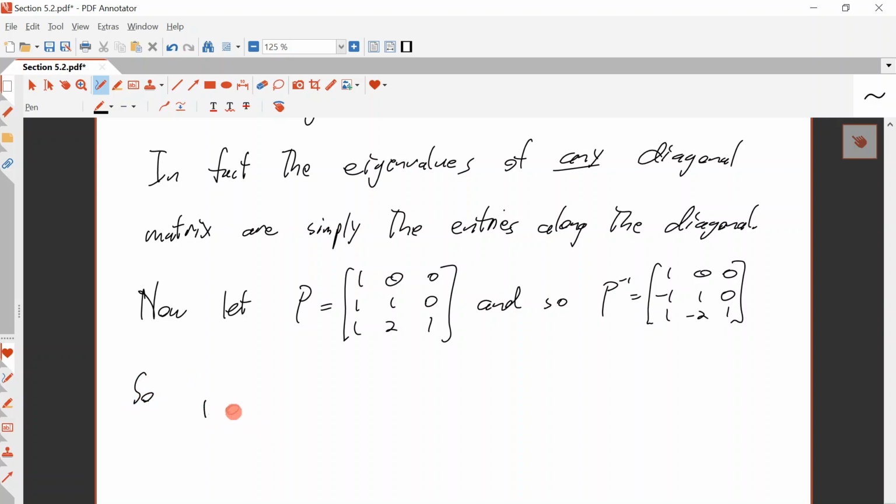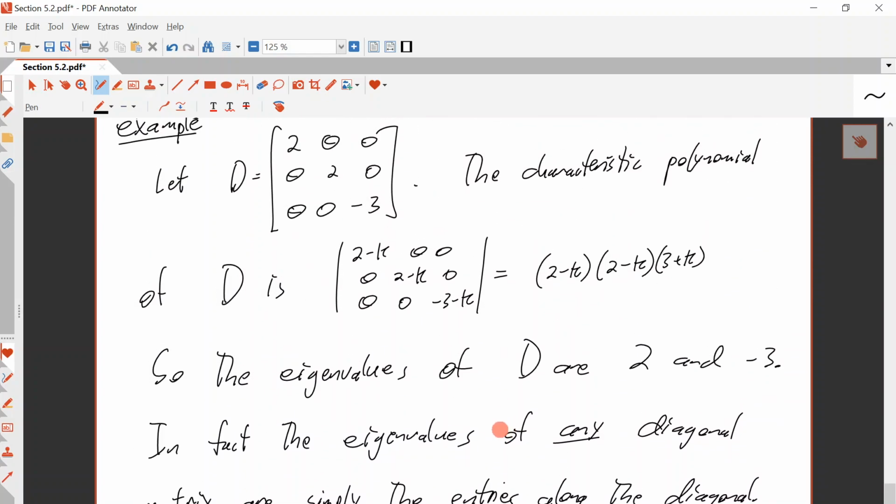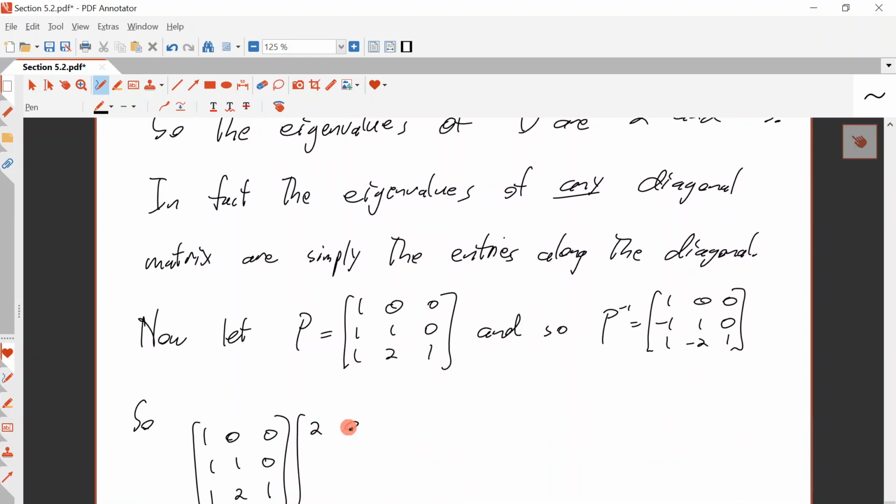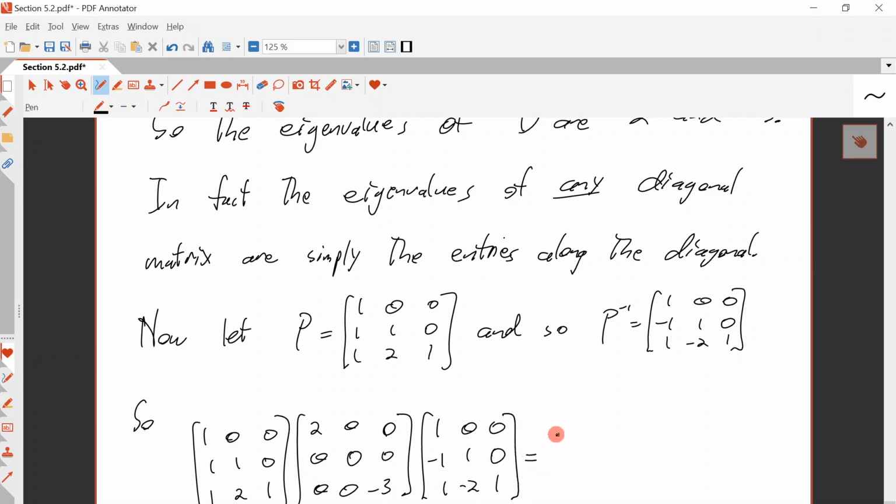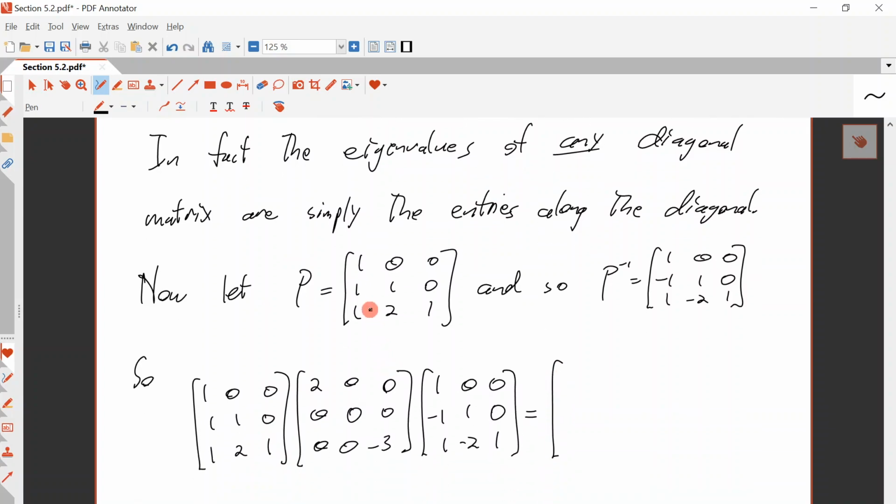So 1, 0, 0, 1, 1, 0, 1, 2, 1 times that diagonal matrix 2, 0, 0, 0, 2, 0, 0, 0, minus 3, times 1, 0, 0, minus 1, 1, 0, 1, negative 2, 1, like that, is equal to, well, let's multiply these first.